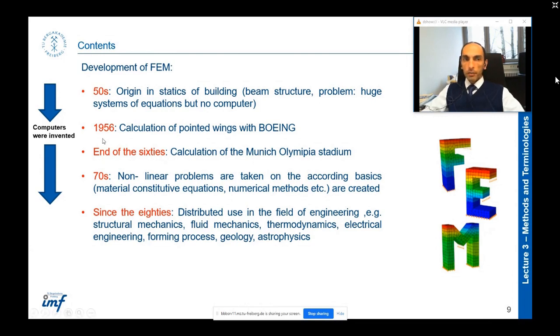In 1956, the first application of the FEM in mechanical engineering, or I can say in fluid dynamics, was the calculation of pointed wings with Boeing in the aerospace industry. And then at the end of the 60s, the calculation of the Munich Olympic Stadium. And then in the 70s, non-linear problems were taken into account.